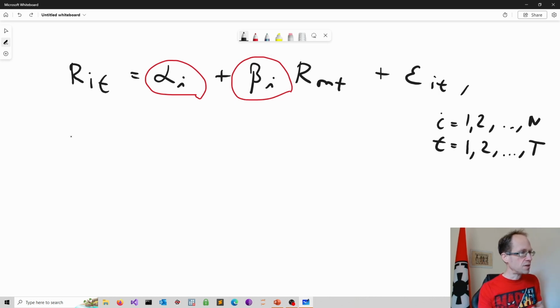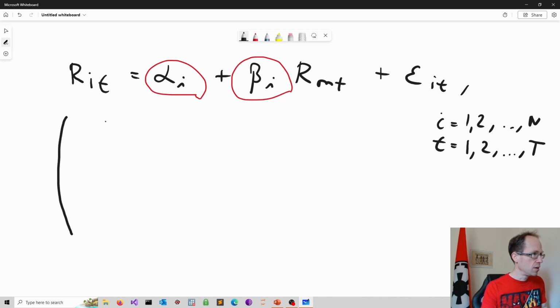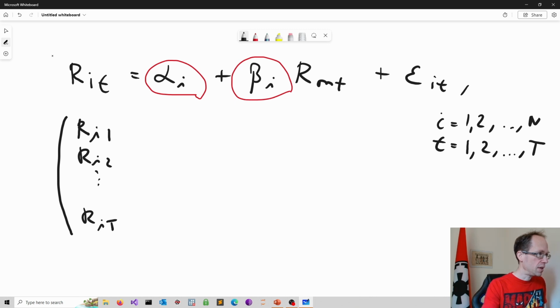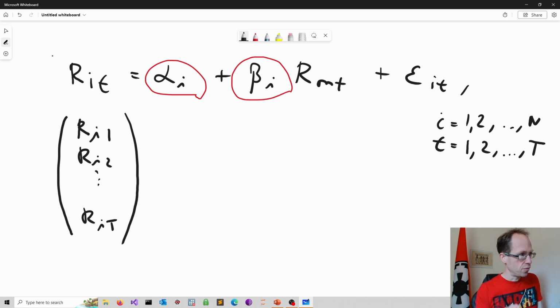So let me now rewrite this a little bit, focusing on the time dimension. I look at this for different stocks over time as follows: I look at stock i and run through time, 2 and going up to capital T.